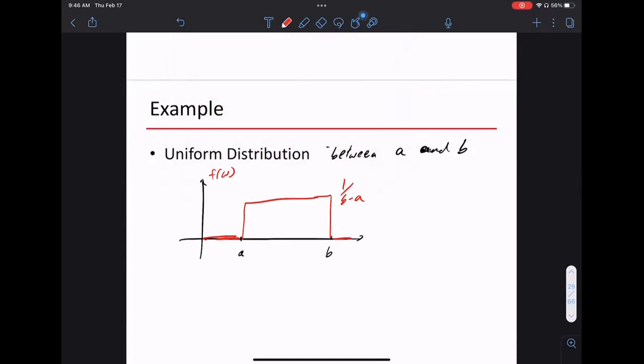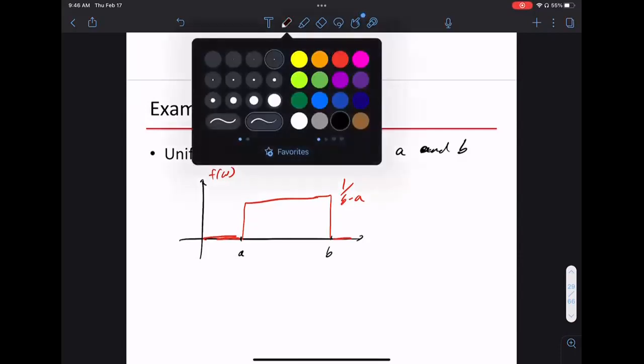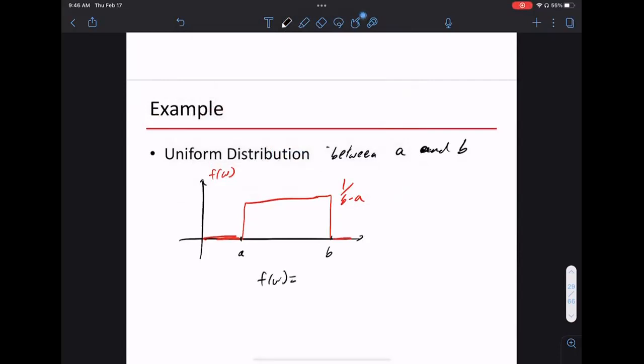So from this, you can compute the average. The average will be B minus A over 2, and all those kinds of things. Here the value of this function is w equals 1 over B minus A if w is in this range, 0 otherwise.